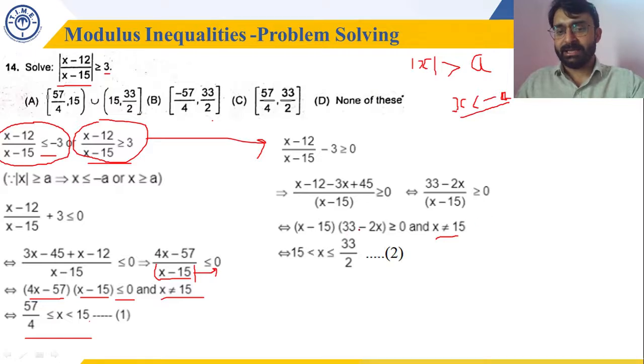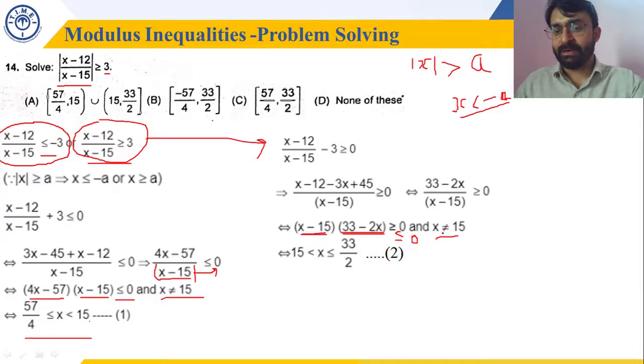If I write this as (2x minus 33) into (x minus 15), the sign will be less than. So I can write this as (x minus 15) into (2x minus 33) is less than or equal to 0.